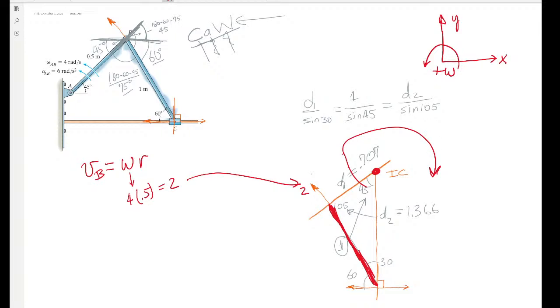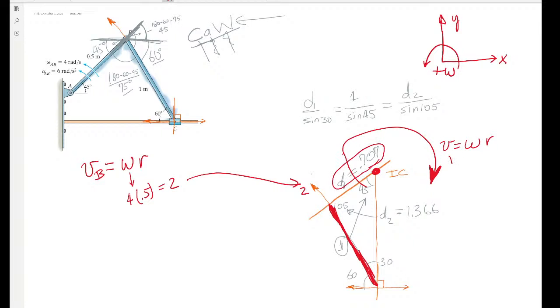So we look at this thing, we see that it's sitting at this point. Velocity, again, is equal to omega r. There's my r.